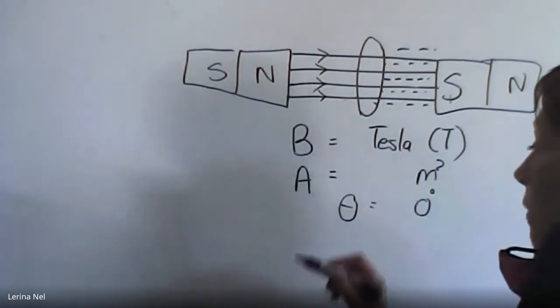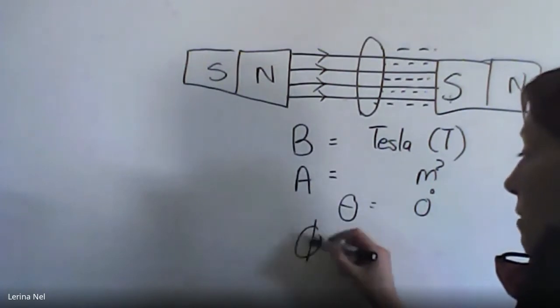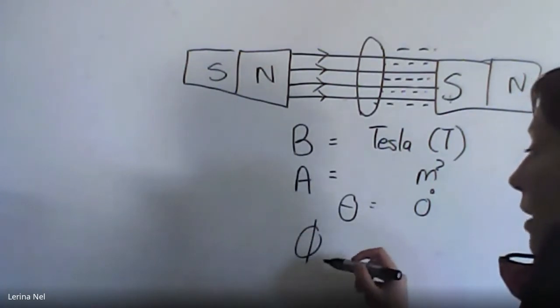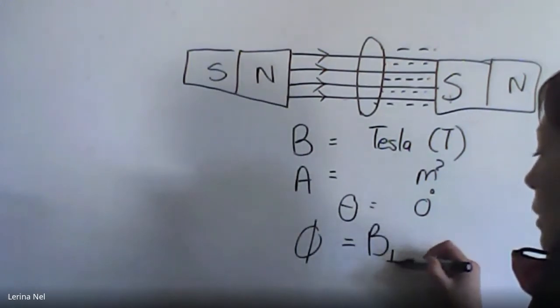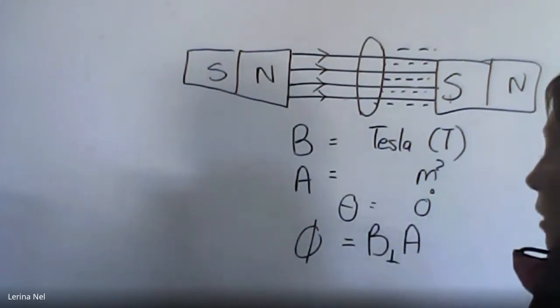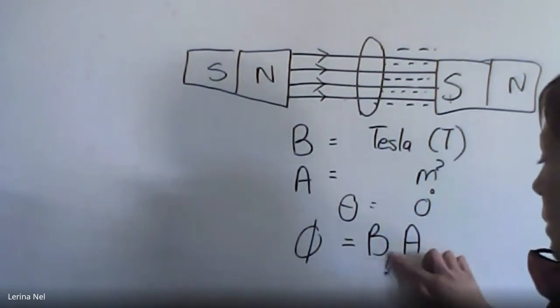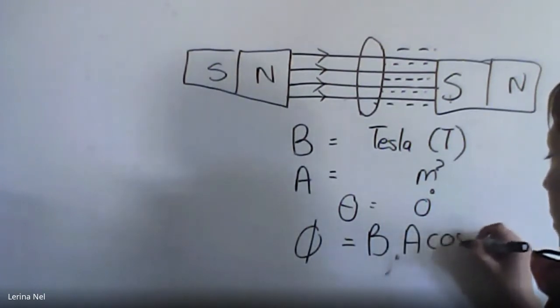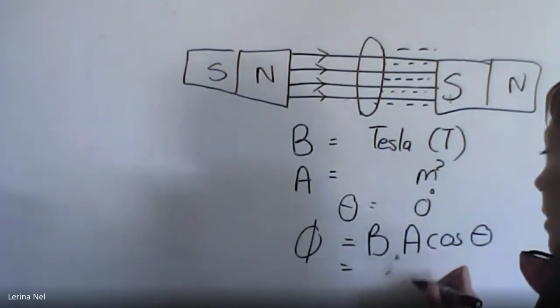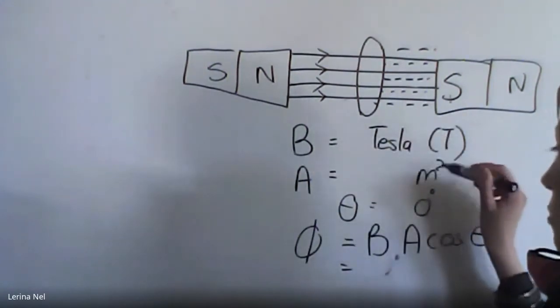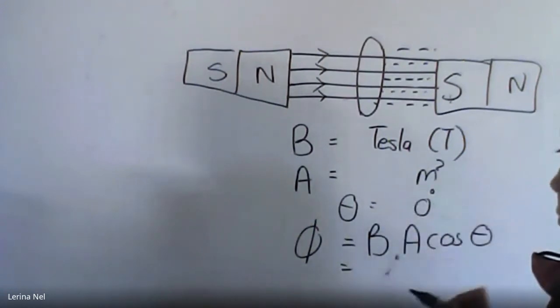So to calculate flux, we use this formula. This is flux. The symbol is phi. It's measured in Weber, and is equal to B perpendicular times A. Another way of writing this is BA cos theta. B is measured in Tesla, A is measured in meters squared, and this angle is 0 degrees.